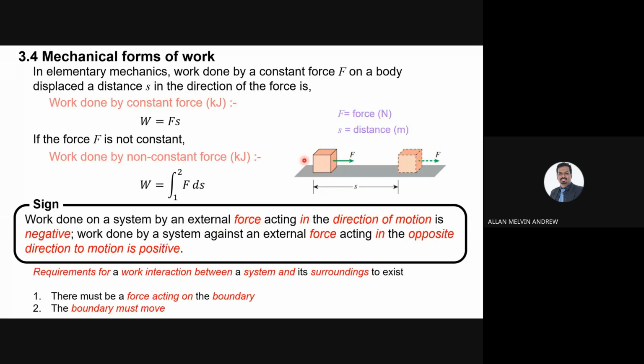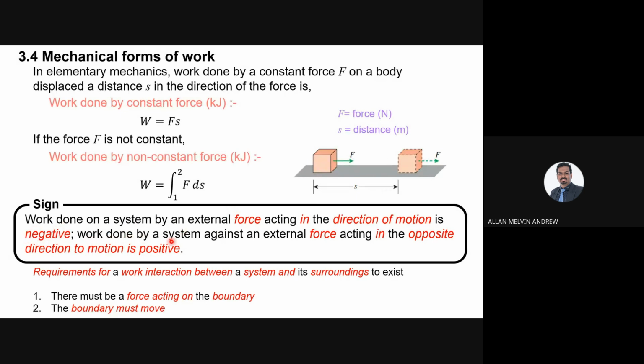If the external force is acting in the direction of motion, so you want this box to move from here to here, the direction of motion is to the front, and the force is also left to right, so you take it as negative.